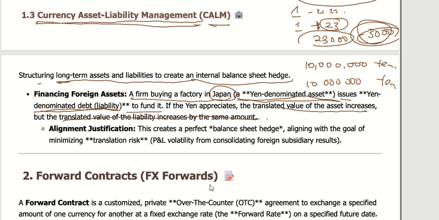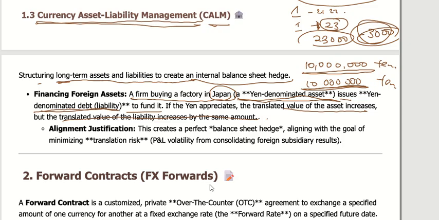Then what it means is, if the yen fluctuates or whatever happens, this asset that you have in the yen increases, but also this liability that you have incurred also increases by the same proportional margin.